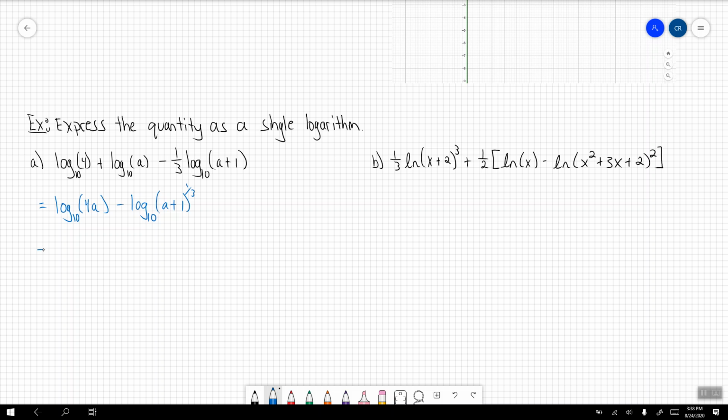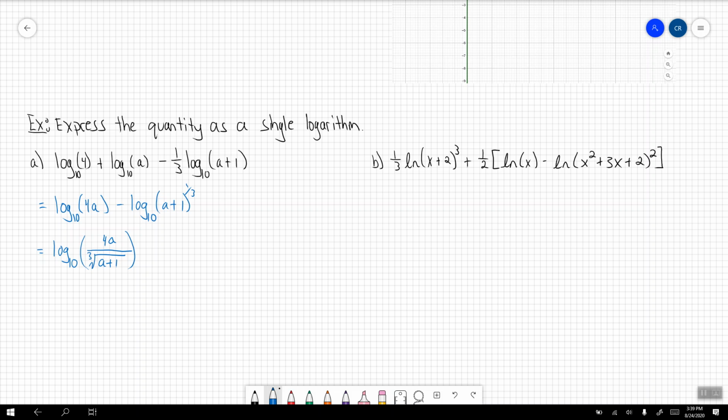In this particular case, because the logarithms are the exact same base, I can now divide by the argument for the logarithm that is being subtracted. So combining this, I get logarithm base 10 of 4a divided by the cube root of a plus 1. And that is one single logarithm.